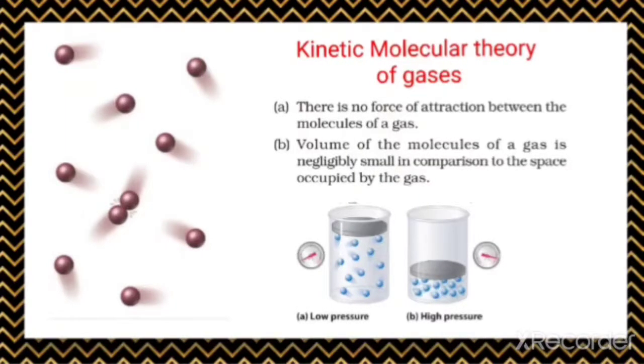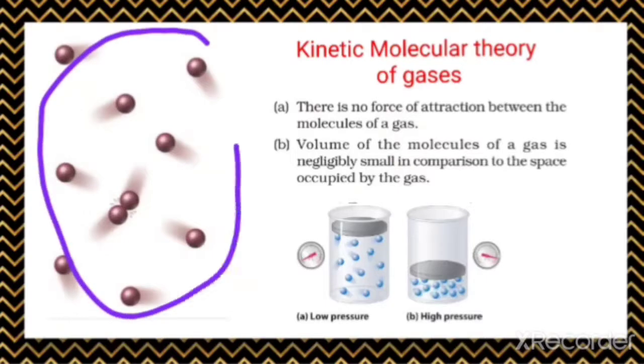According to the second assumption, the volume of the molecules of the gases is negligibly small in comparison to the space occupied by the gas. That means when you compare the space occupied with the real volume of the molecules, the volume of the molecules is negligible.